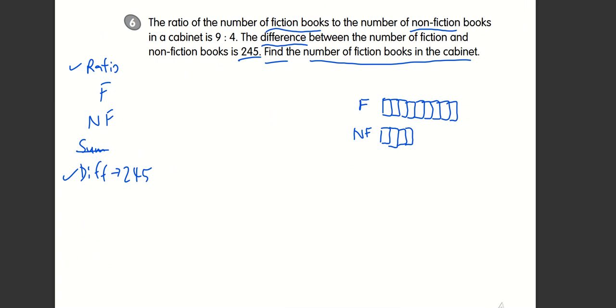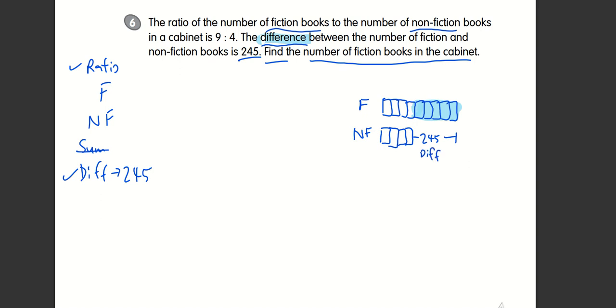I am given the difference between the two types of books, fiction and non-fiction, is 245. So we are looking at the difference here. So this is 245. That's the difference between the two of them.